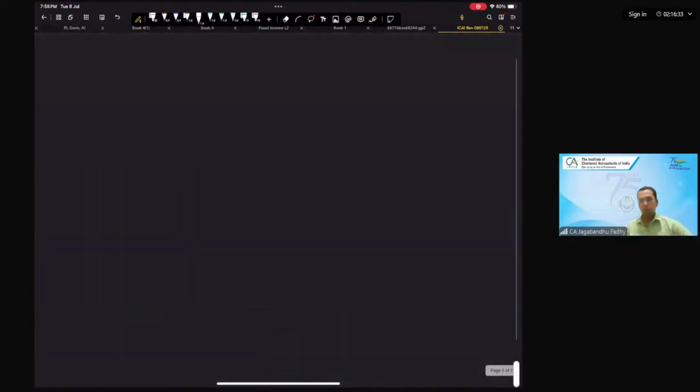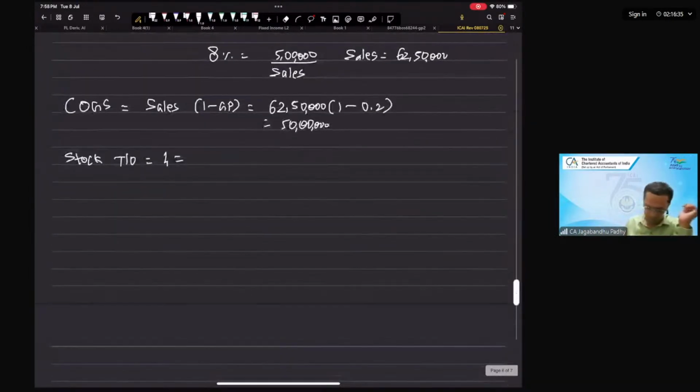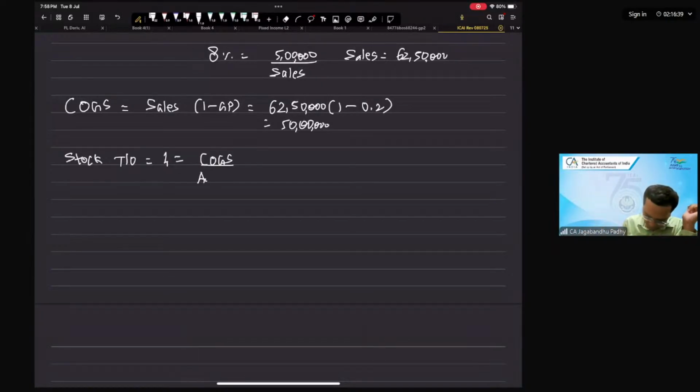We know this stock turnover of 4 is computed as COGS upon average stock, or rather, even if you don't take the average stock, you can just write this as stock. So 4 is equal to 50 lakhs divided by the inventory or the stock.